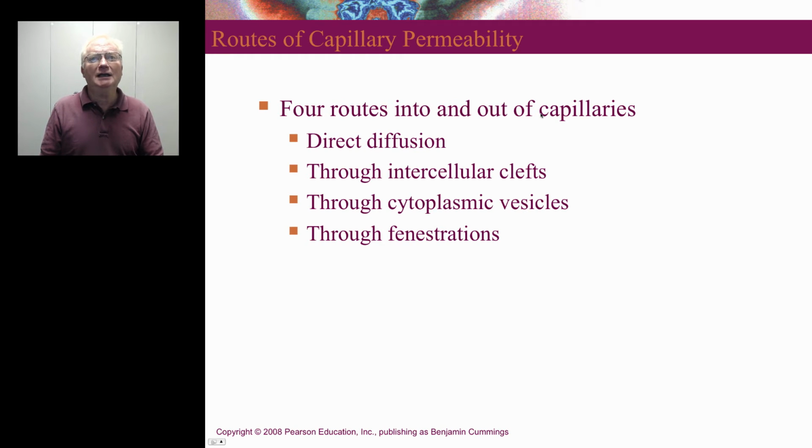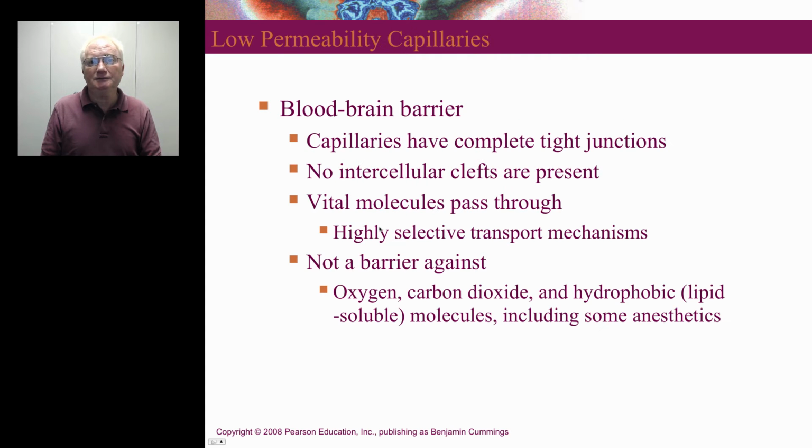So how can things get in and out of capillaries? Direct diffusion. This is true for small hydrophobic molecules like oxygen, like CO2. Through intercellular clefts, through cytoplasmic vesicles, a process of endocytosis and exocytosis, and through fenestrations. Certain organs, like the brain, have exclusively continuous capillaries with tight junctions, and that barrier forms what's called the blood-brain barrier.